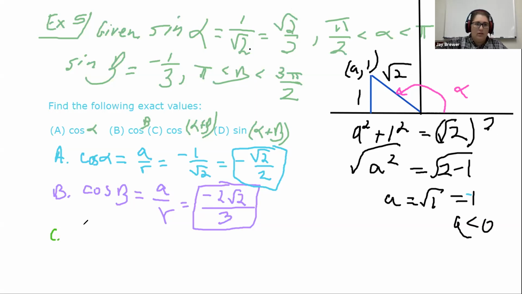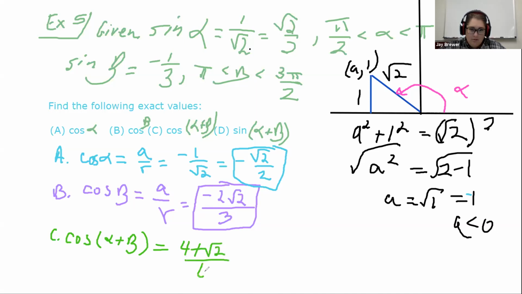Do you want me to do a clean sheet? Or do you want me to just squeeze it in? So if we do cosine of alpha plus beta, you will end up with 4 plus radical 2 all over 6.